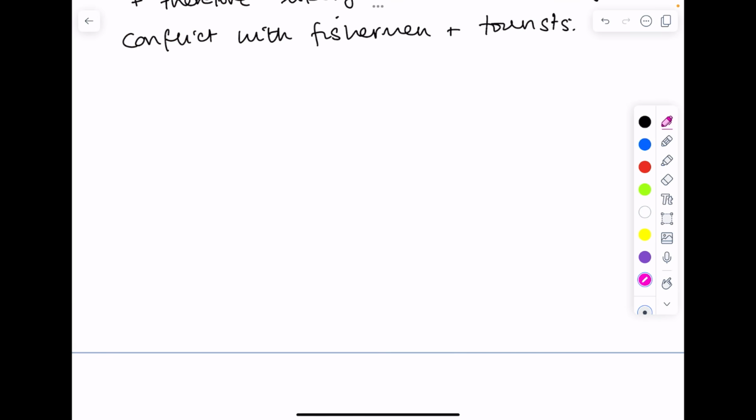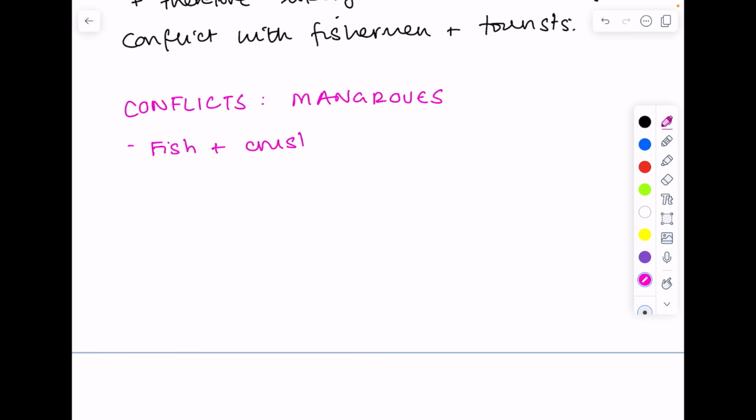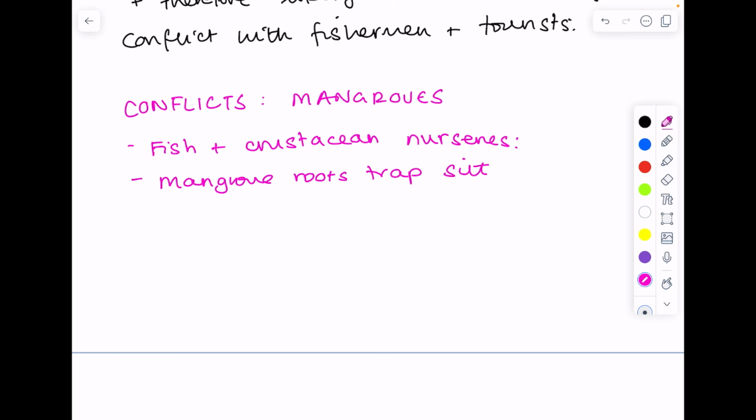Now we'll consider conflicts and mangroves. Remember, mangroves provide a great place for fish and crustacean nurseries, so where they are going to spawn and bring up their young. Those mangrove roots trap silt and help create new land.